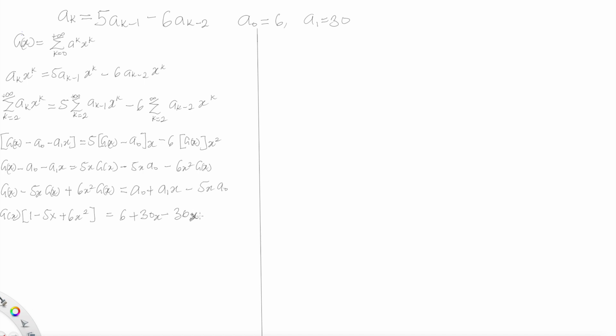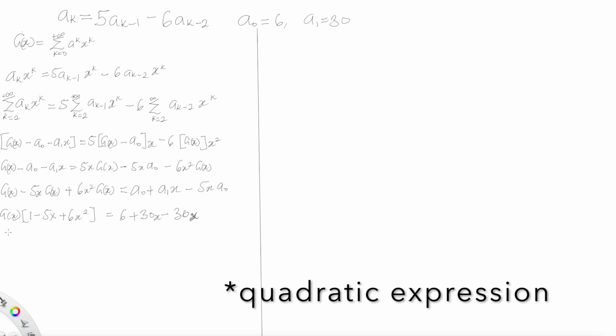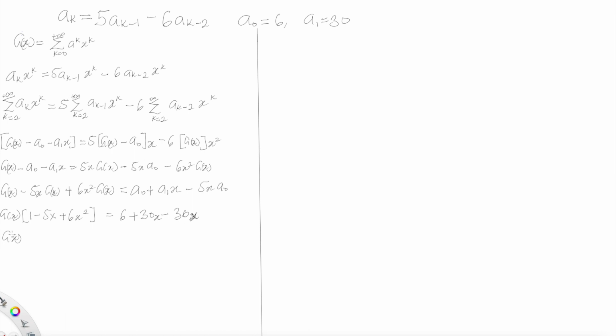These two would subtract and give us 0. Then we divide by this quadratic expression. So g of x equals 6 remaining, all over 1 minus 5x plus 6x squared.